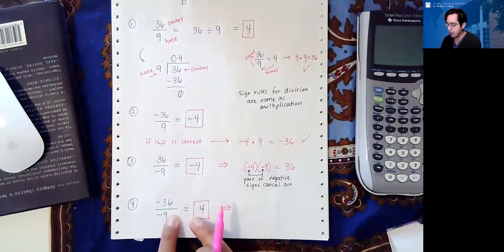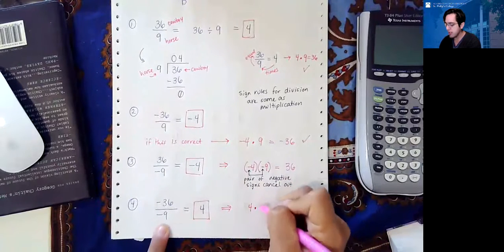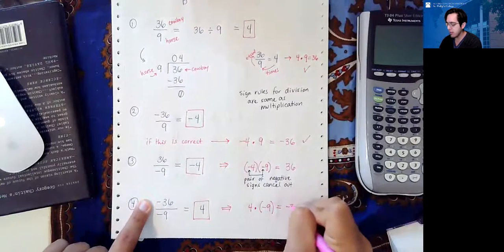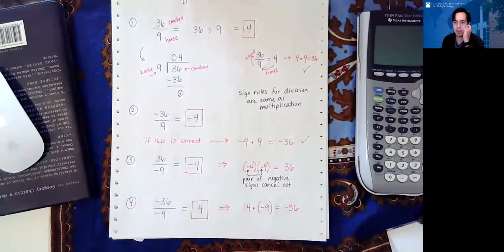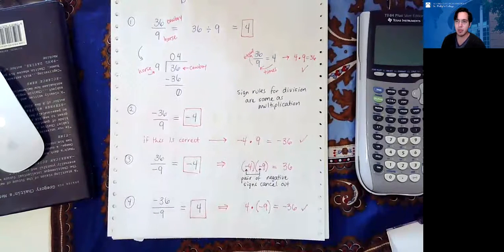If this is true, then that means that this number 4 times -9 should give us -36. We have a positive times a negative, and that is a negative, and that seems to be a true statement. So that means that our division problem was worked out correctly. Does anybody have any questions about those?